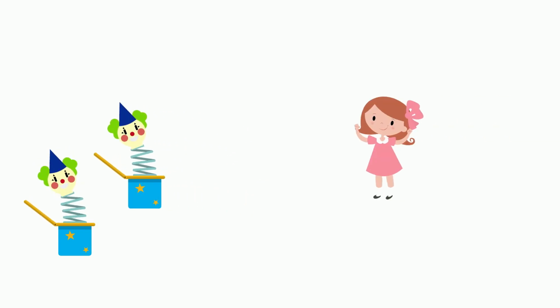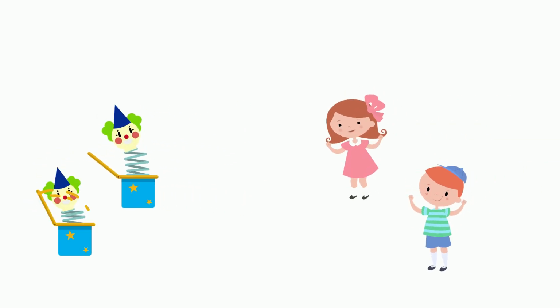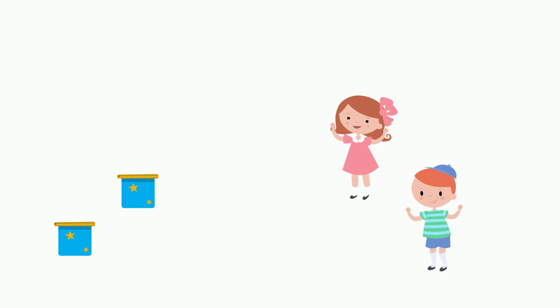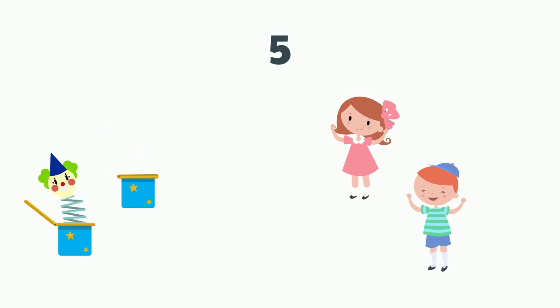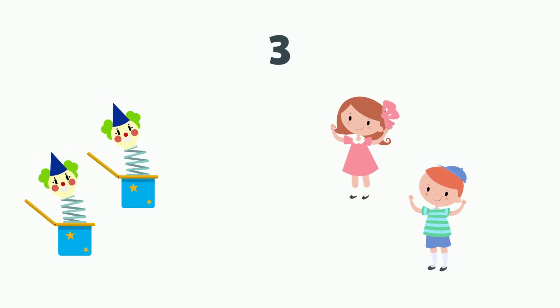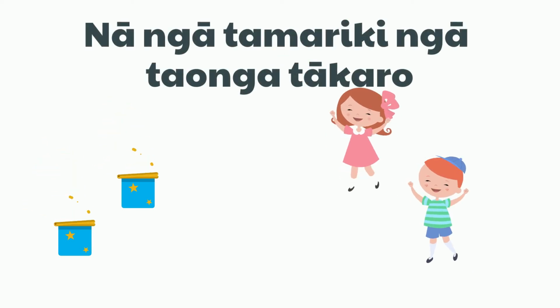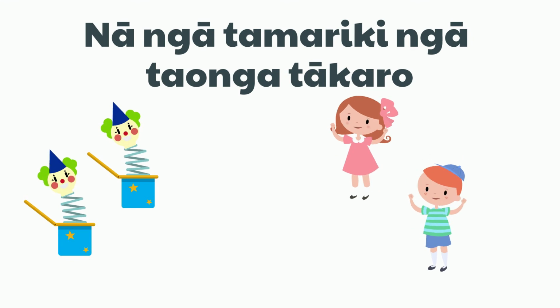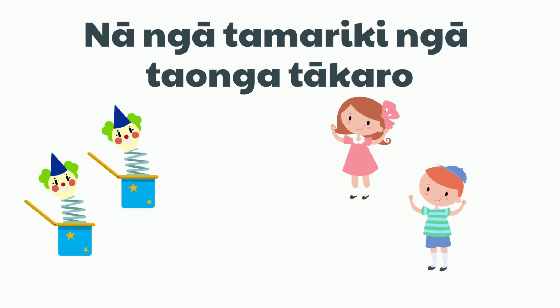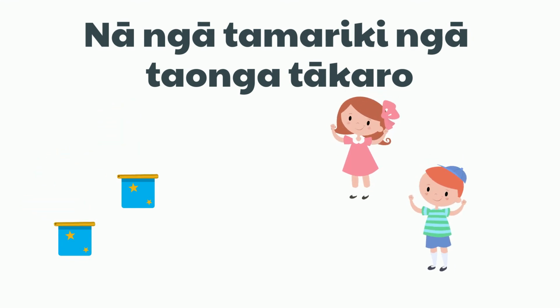Taonga tākaro means toy. How would you say, the toys belong to the children? Nā ngā tamariki ngā taonga tākaro. Property that you can pick up belongs to the A category.